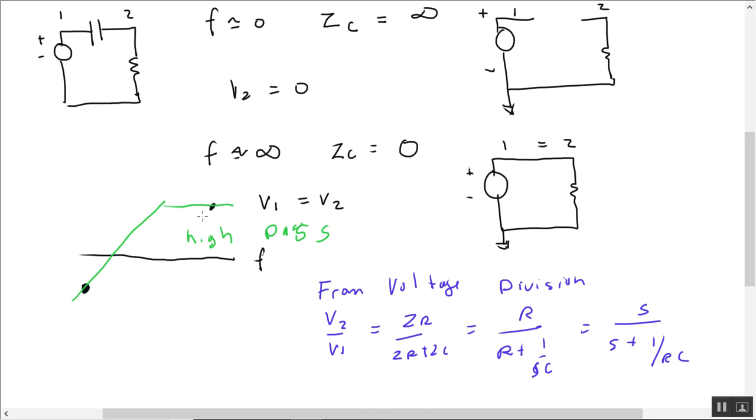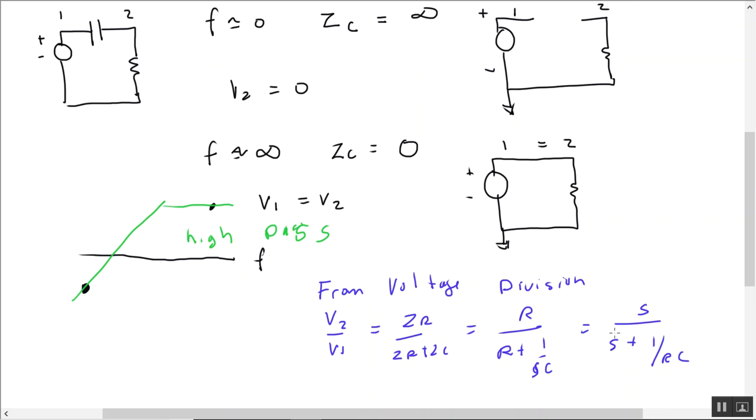So we're getting this. Now we're just taking these 2 points, and I'm just drawing kind of a classic high-pass filter, right? From voltage division, we get a different equation here, all right? Now you don't really need to do these problems. All you have to do is ask, at low frequencies, is the capacitor or inductor an open or a short?